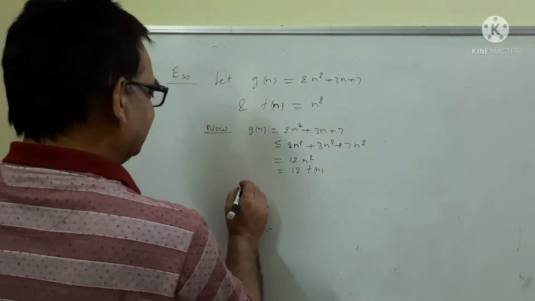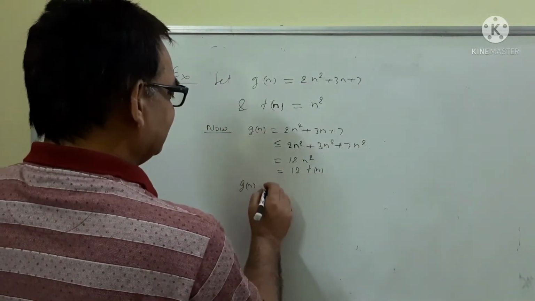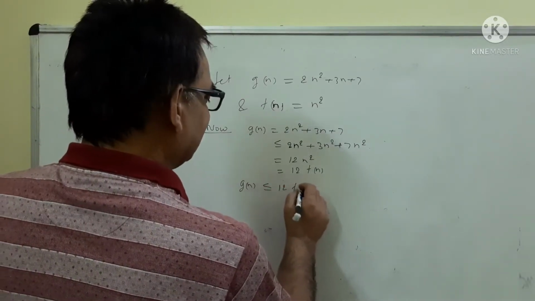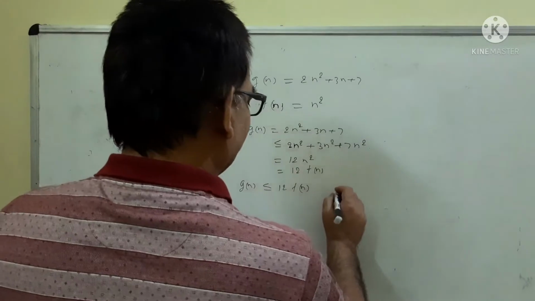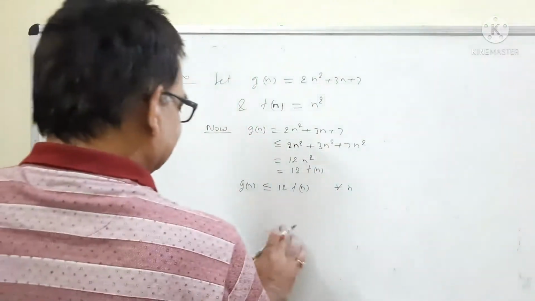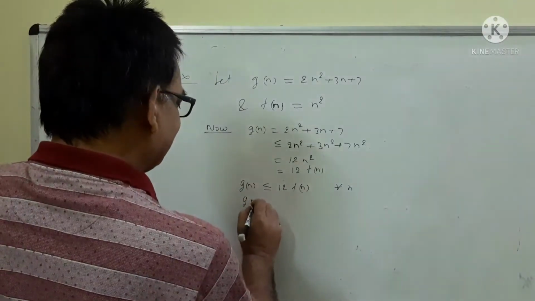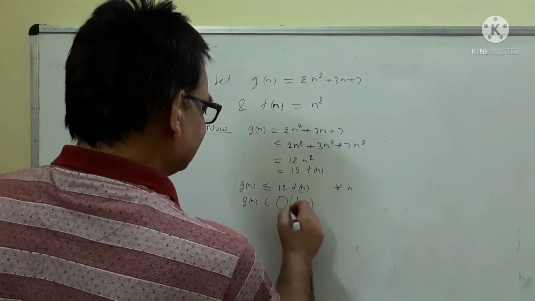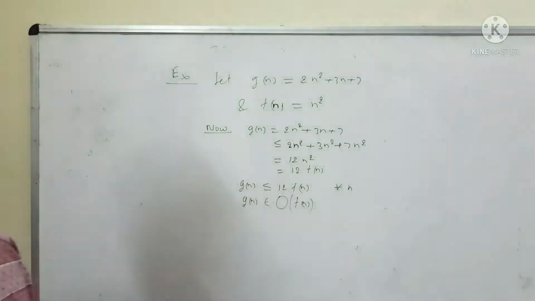Here we have shown that Gn is less than or equal to 12 times Fn for every n. Hence, Gn belongs to big O Fn.